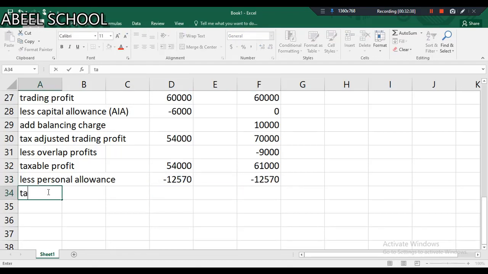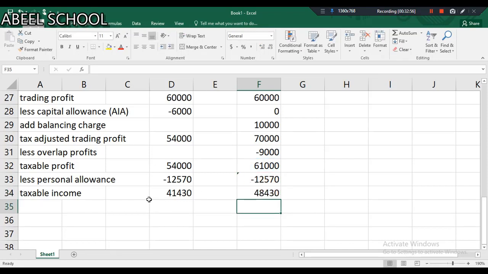So I'll be getting taxable income. Taxable income is this. Great. So let us now simply calculate income tax separately.